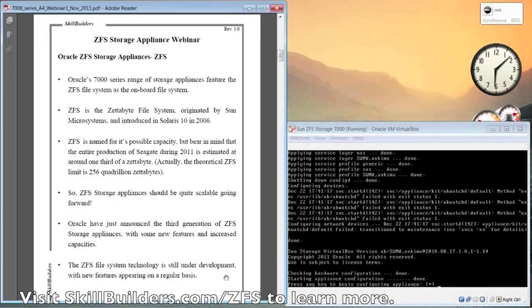ZFS is still very much under development, and they're constantly coming out with new facilities for it. And of course, it's available within Solaris 10 itself and the new Solaris 11 system, which was released back in November.